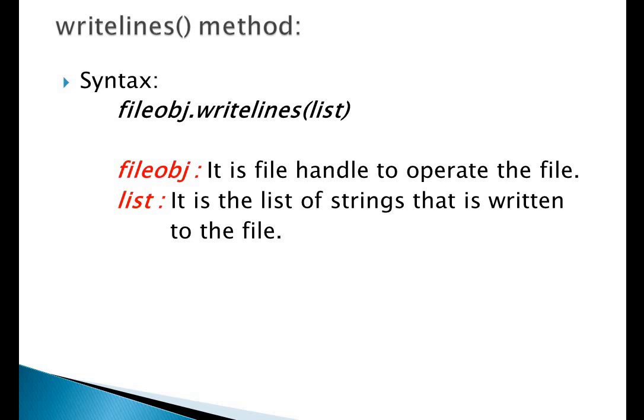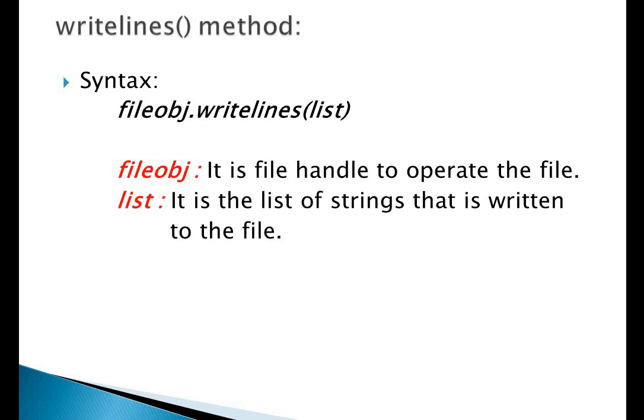In a similar way, using a file object, we handle a file. So the file object is playing the role of a remote for handling the file. The writelines method is called using a file object, and it accepts one argument of type list.